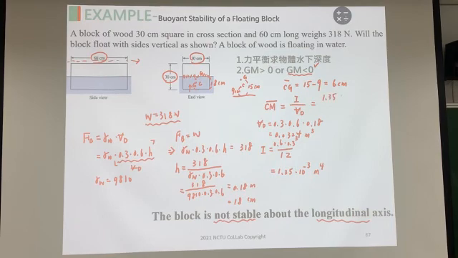1.35 multiplied by 10 to the power of minus 3, divided by 0.0324, and then you can compute the CM distance. So the answer is around 0.0416, and the unit here is meters.